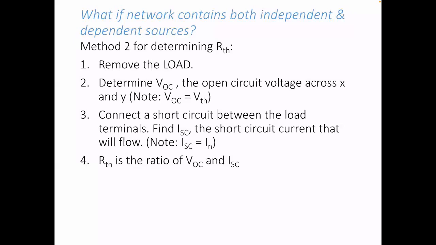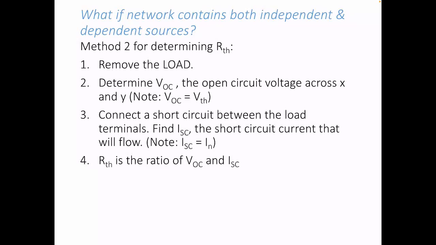So ganun pa rin, you remove the load, yun yung unang gagawin mo. Then you determine the open circuit voltage, that is the voltage across the load terminals with the load removed. And note that that open circuit voltage is actually your Thevenin voltage. Okay, next you connect a short circuit between the load terminals, and then you'll get that short circuit current.